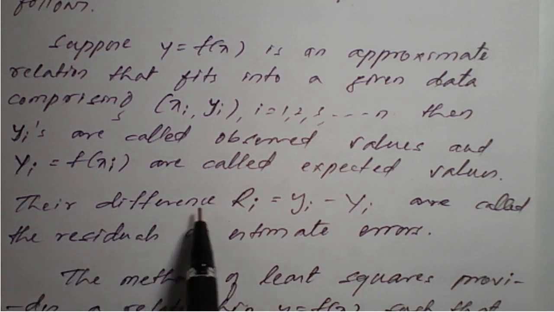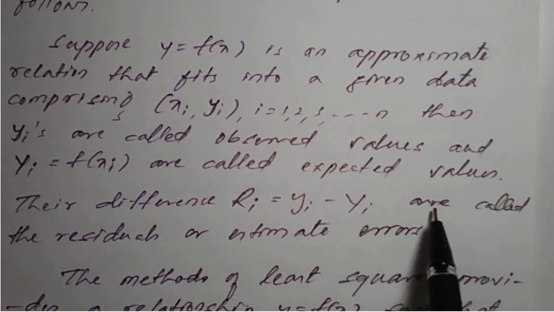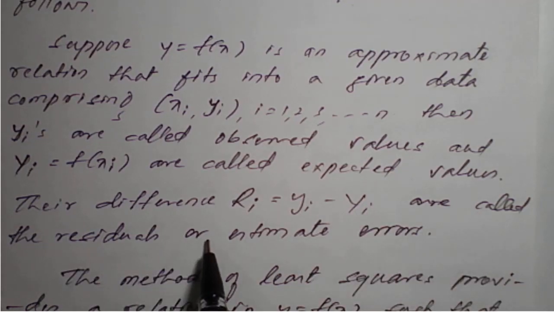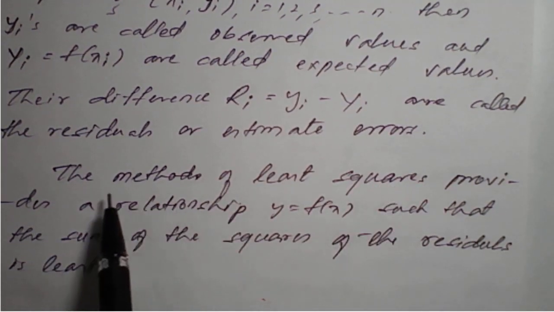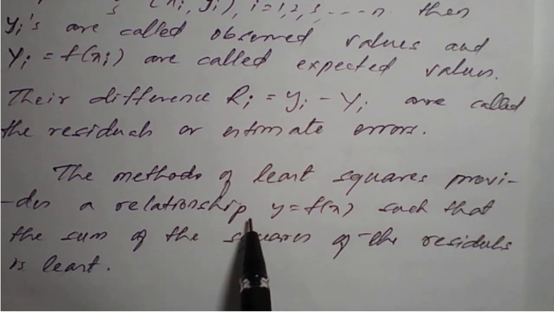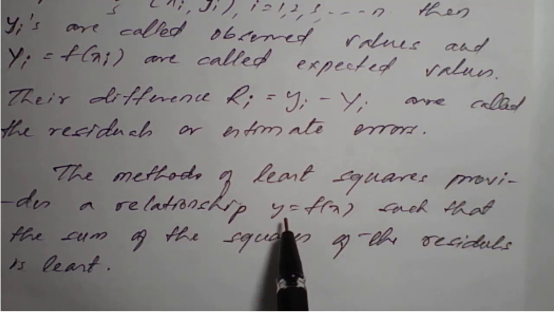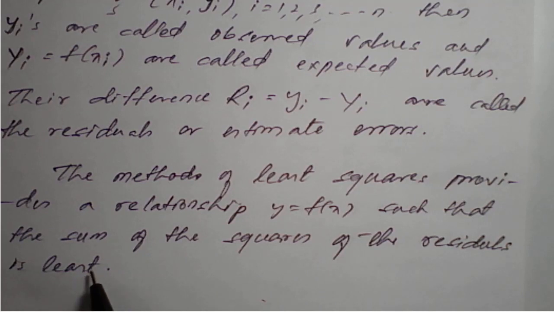Their difference Ri is equal to small yi minus capital Yi, called the residual or estimate error. The method of least squares provides a relationship y is equal to f of x such that the sum of the squares of the residuals is least. Okay, so this is just the theoretical part for curve fitting by the method of least squares.